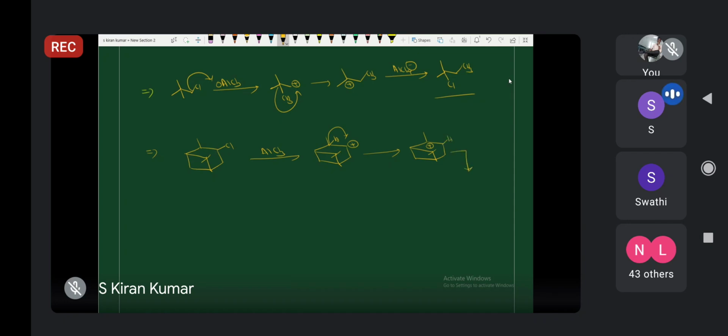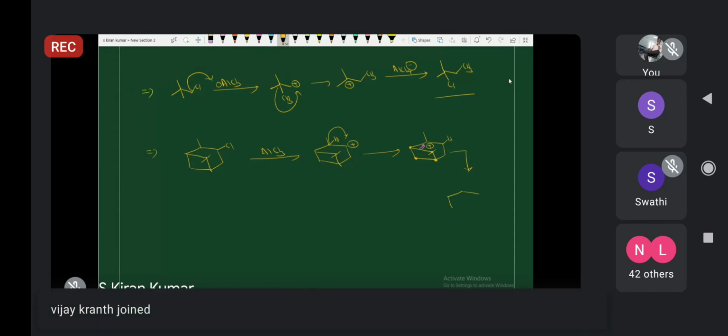Next, this is the bicyclic compound. The ring size is 4, and the ring size increases. Ring breakage takes place, the ring expansion takes place. With this ring expansion, we are getting the product like this. Here it is getting a positive charge.